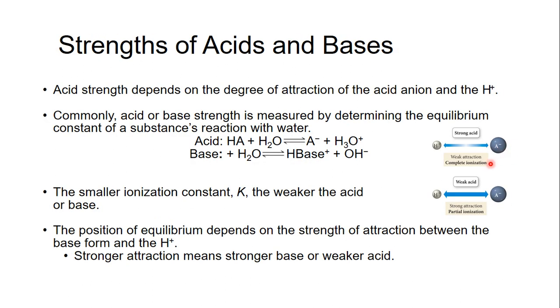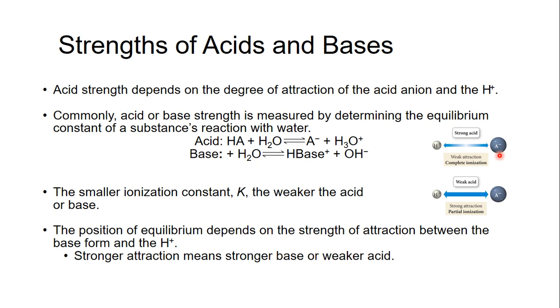So for a strong acid, there's a weak attraction between its hydrogen and the anion it's attracted to. And think about it, that makes a lot of sense. We said a strong acid, when it's in water, will completely dissociate. All the hydrogen ions will go away from all the negative anions. If you think back to chapter 11, when we talked about how things dissociate, this is really a callback to that.